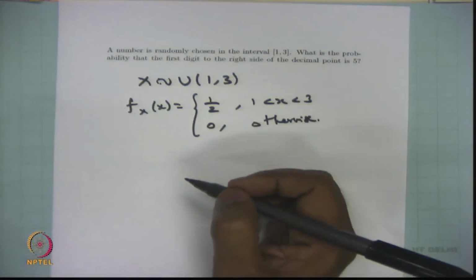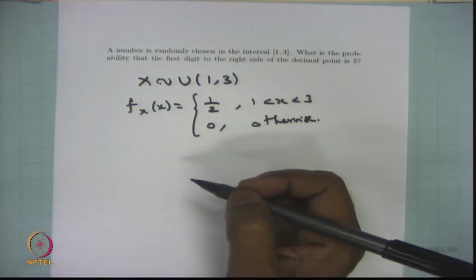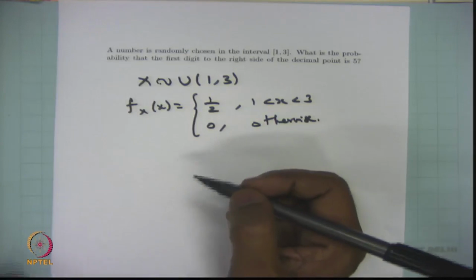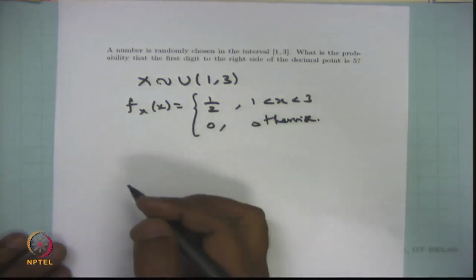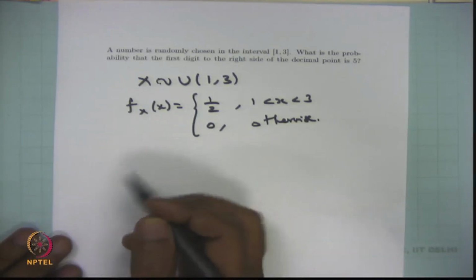So this is the probability density function of a uniform distribution between the interval 1 to 3.